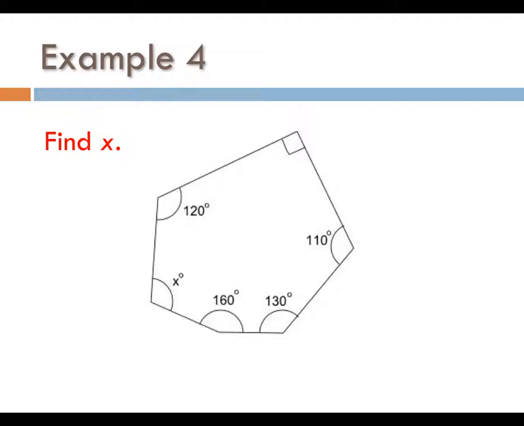Okay, so you did that thing. And I got, I think it was 720, because that's a hexagon. And then I did 720 minus 120 minus 110 minus 90 minus 130 minus 160, and I got 110. Sounds pretty good to me. Any questions? Well done.